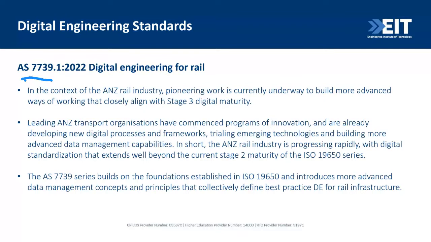This is specifically for rail, and it was not developed from scratch. The base of this standard is the ISO 19650 series, but we developed it further, based on what we have in the ISO standard right now.